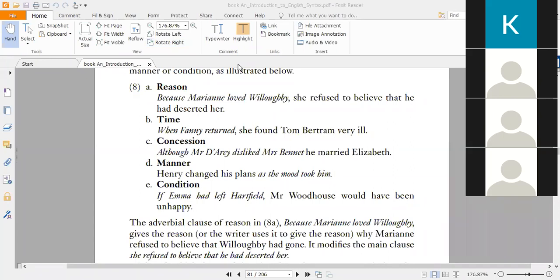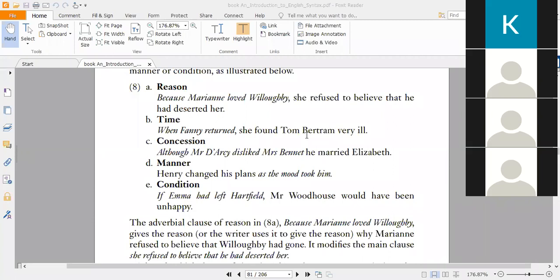The word coming before the clause, because, shows that this is a clause of reason. Then there is time.